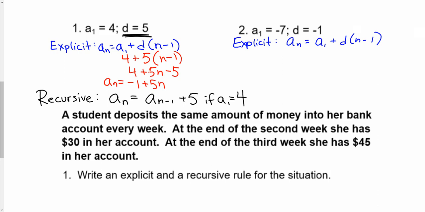So we just put in the two numbers they gave us, -7 and -1. I'll put the plus back, even though you don't need it there, n minus 1. Then the second step is distribute.